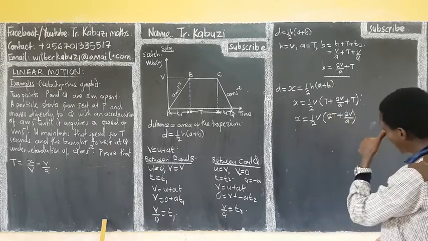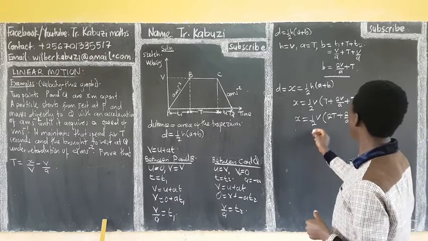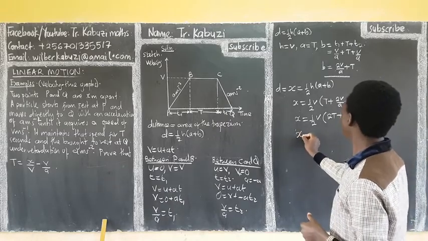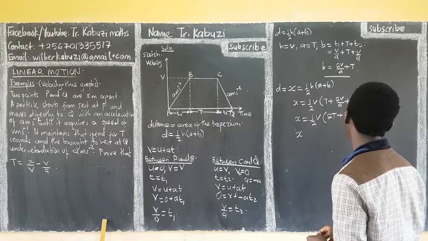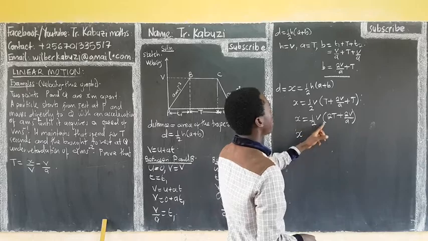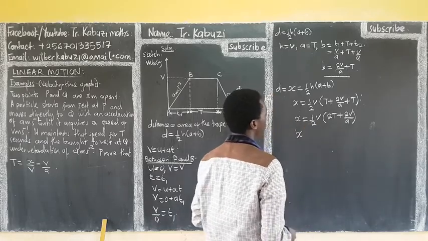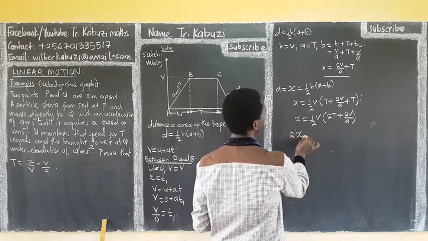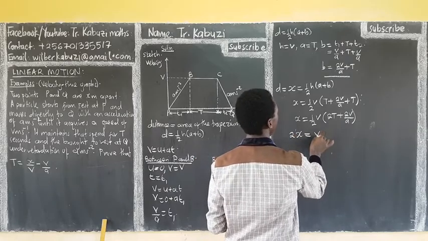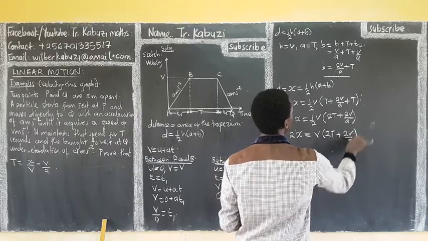Multiply through by 2. I can multiply through by a half, or I can of course multiply this 2, it's up to you, any will work. So there you have 2x equals v into 2t plus 2v over a.